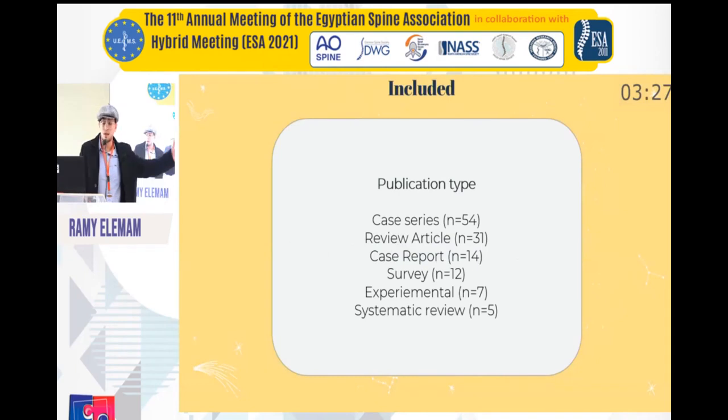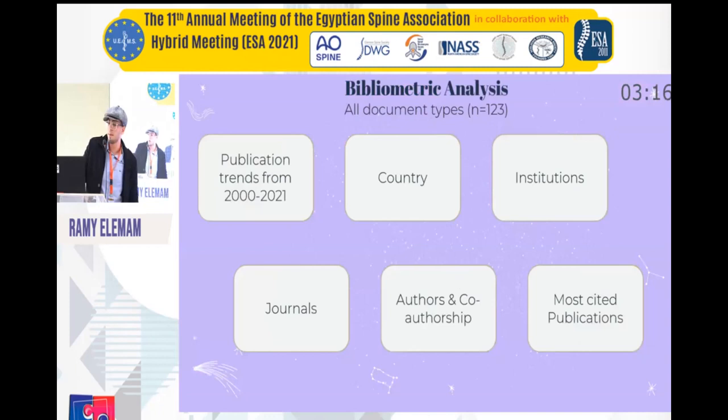Now, this resulted in over 54 case series, 31 review articles, some case reports, surveys, and so on. These are the topics that the bibliometric analysis provided us with.